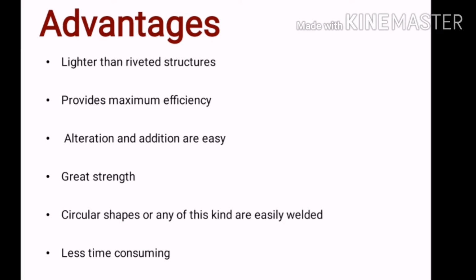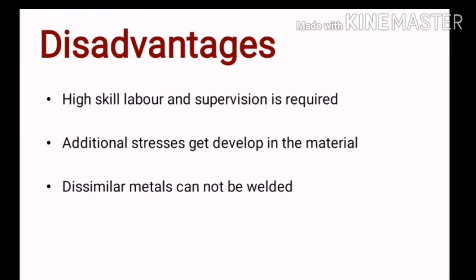The welded joints have a great strength. In fact, it has a strength similar to that of the parent material. Circular shapes or any such kind of shapes can be easily welded. This process is also less time consuming than the bolted or riveted joints.